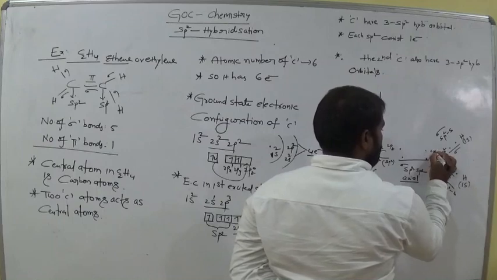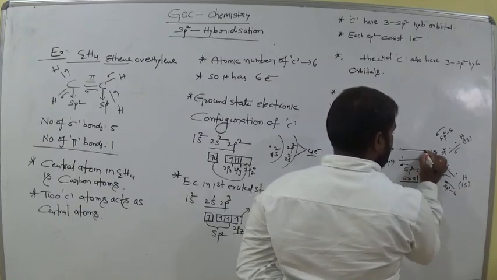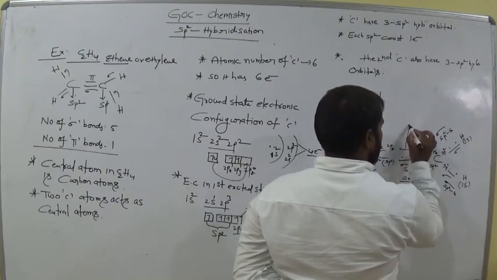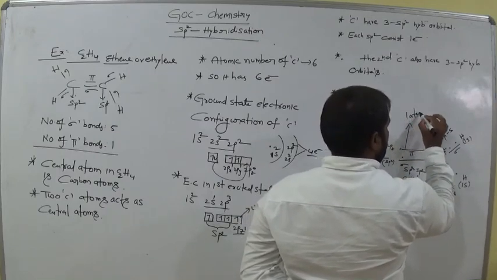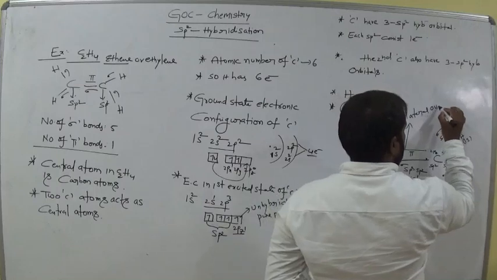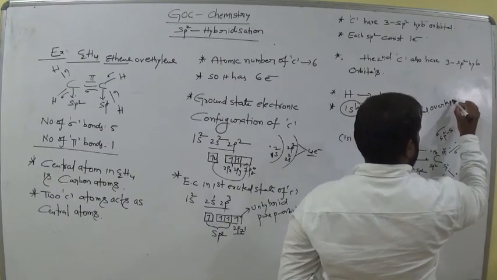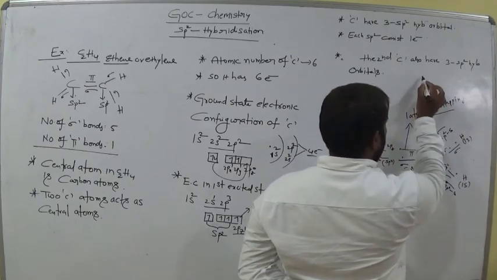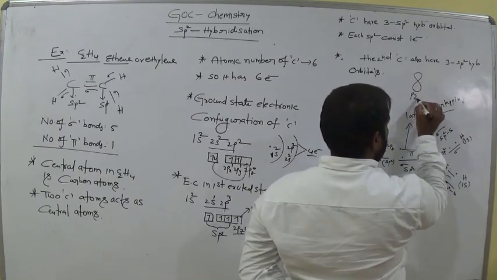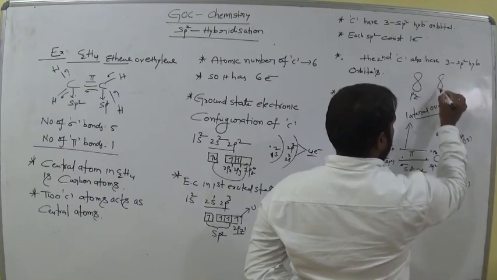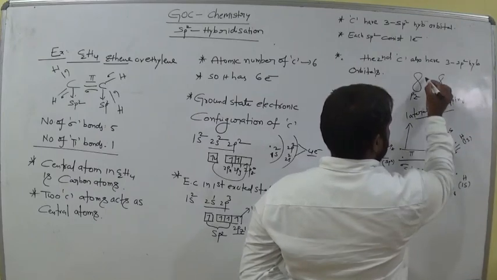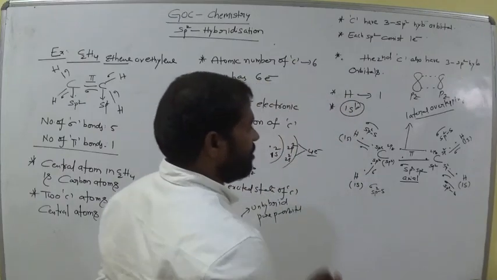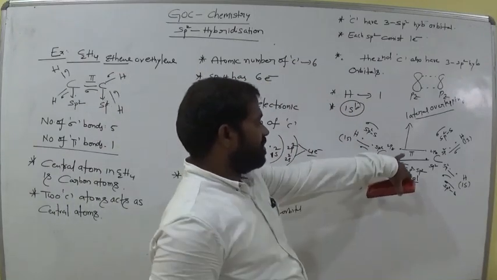Here also the 2pz orbitals give a pi bond. Which overlapping takes place here? Lateral overlapping. Lateral means this is the p orbital, am I right? pz of this carbon and pz of the second carbon give lateral overlapping. This is called a pi bond. This is a sigma bond. Okay, is it clear?